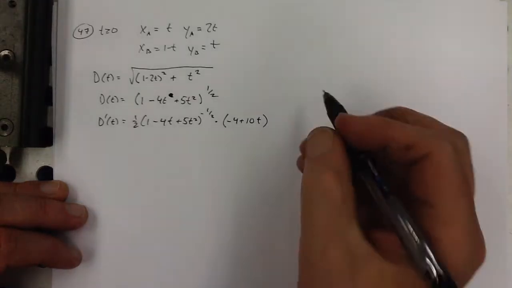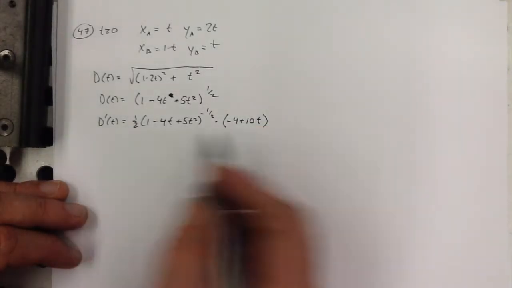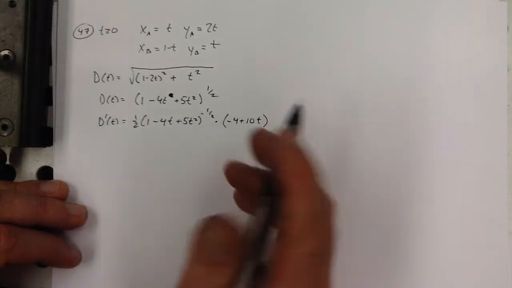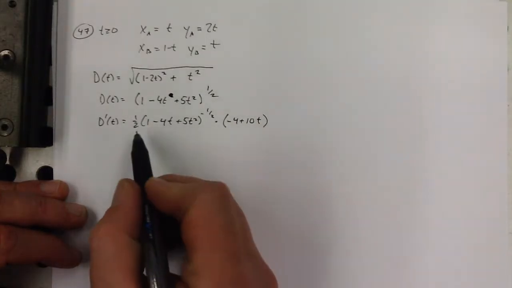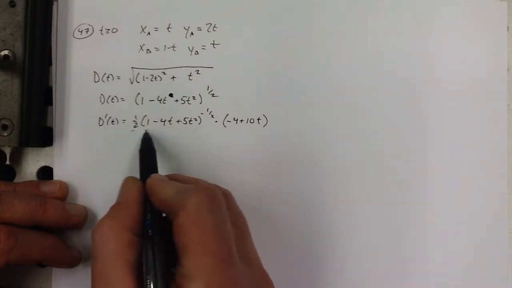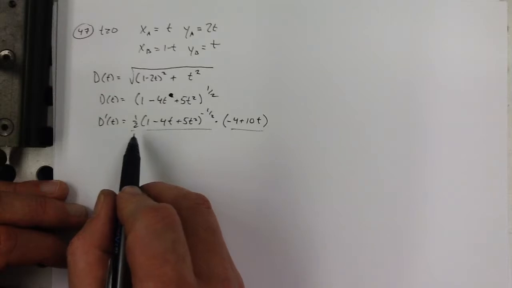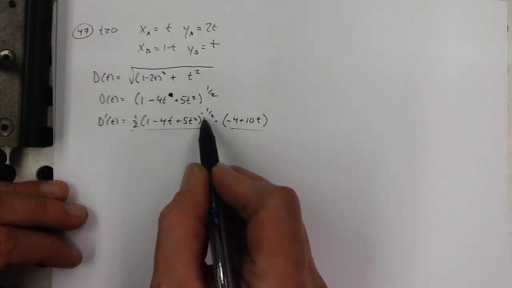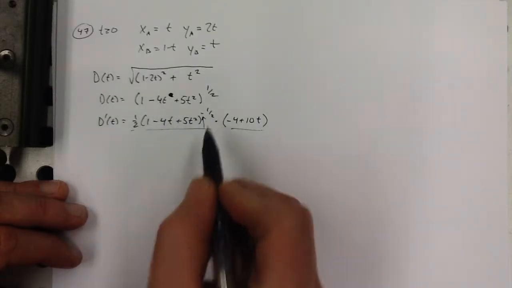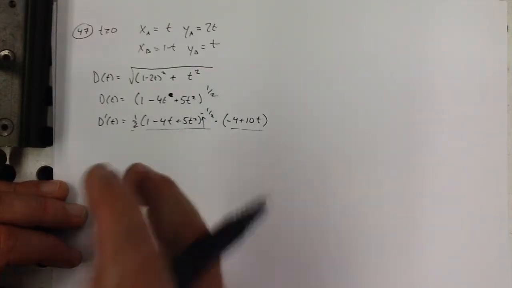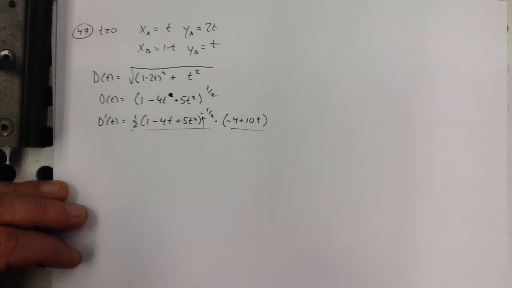Now, I would like to set this equal to 0. Now, take a look at this. It's already in factored form for us, so don't go crazy trying to simplify this now. I need one of these factors to be equal to 0. This is just a constant, can't be equal to 0. This is actually on the bottom of this thing, so if you've got something on the bottom of a fraction, you can't use that denominator to make the fraction 0.